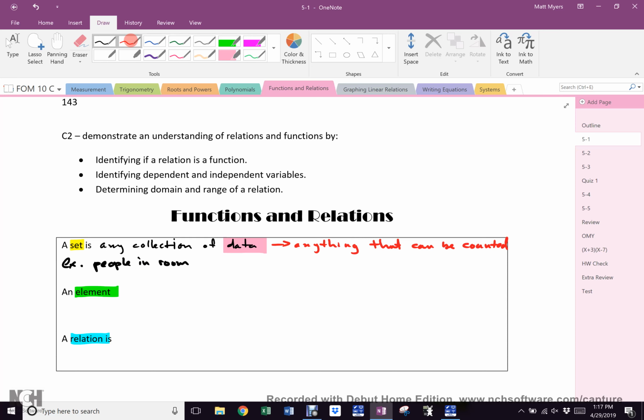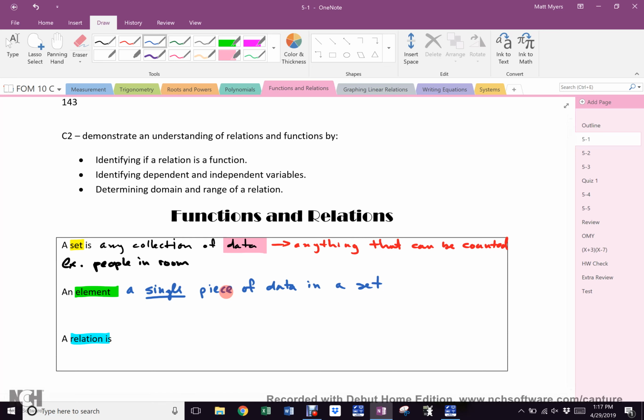Okay. An element is a single, please underline single, highlight single, do what you need to do, a single piece of data in a set. Now, the proper word there, single piece of data, I know none of you, or very few of you probably know this word.